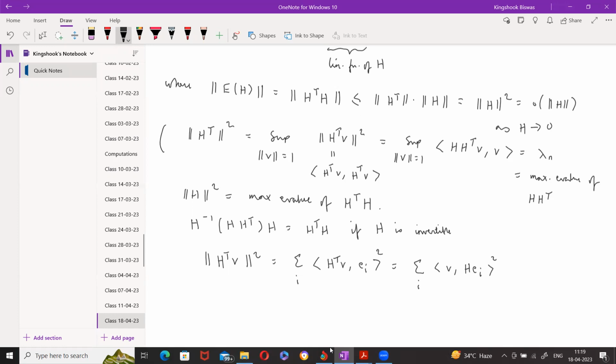You can break v, right? Well, H is not self-adjoint, so we can't do anything there. So what do you do here then? You can break v, but that won't help.